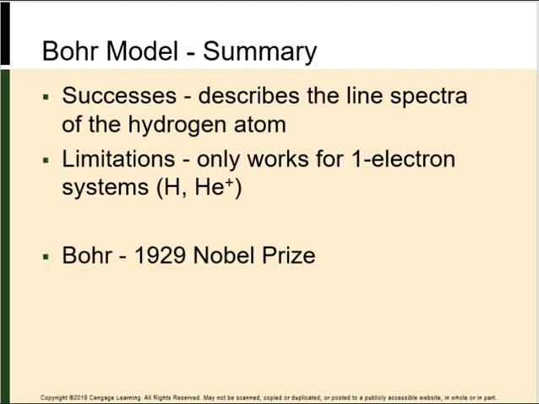However, the theory was imperfect. This model of the atom explained only the spectrum of hydrogen atoms and other systems having 1 electron, like helium with a +1 charge. But it failed for all other systems. So a better model of electronic structure was needed, and we'll talk about that next.